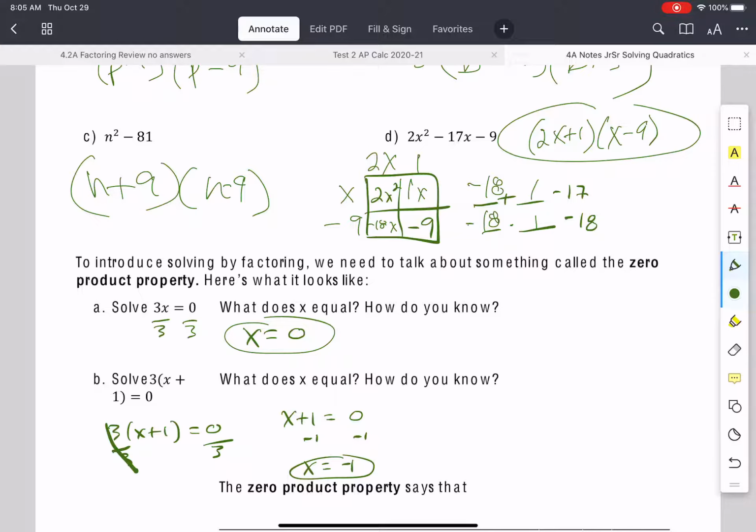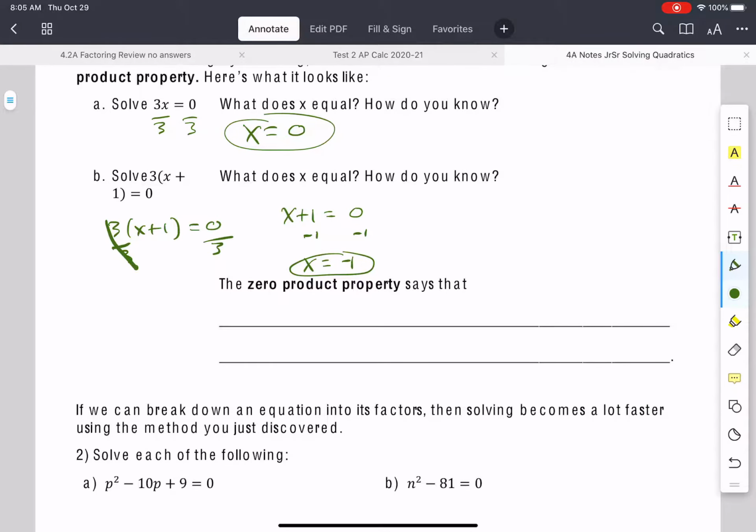On the first one, x was 0. That's just one answer, right? On the second one, x was negative 1. That's just one answer. And the highest exponent was 1, right? Okay, let's keep that in mind for in a minute.